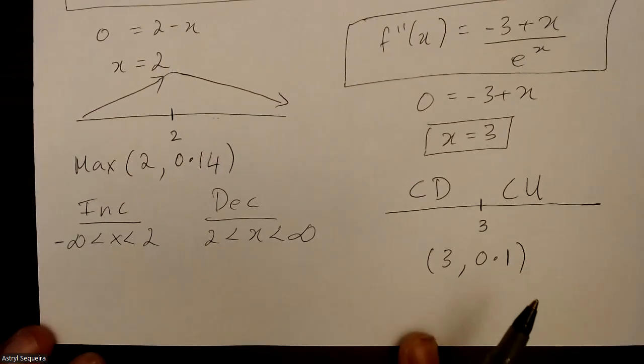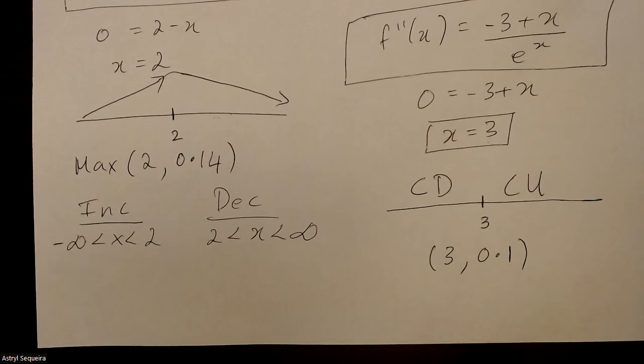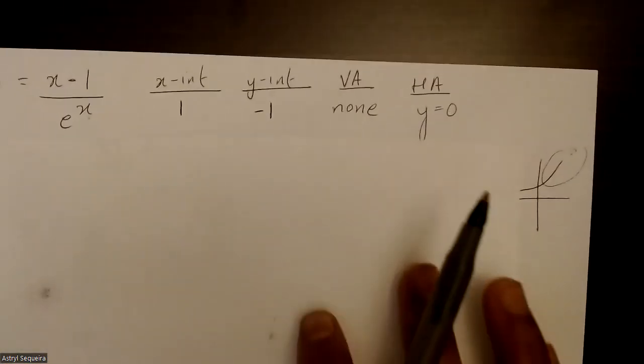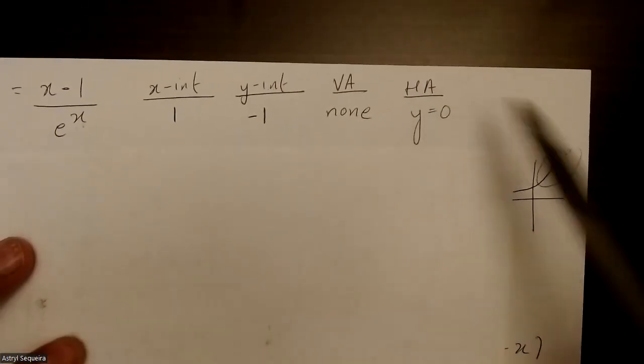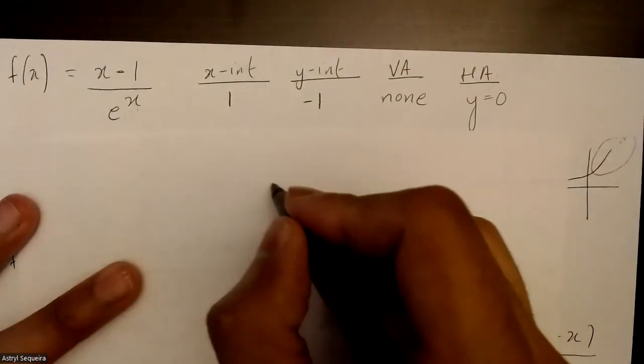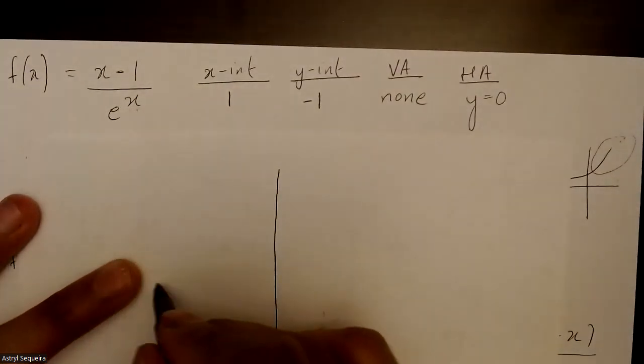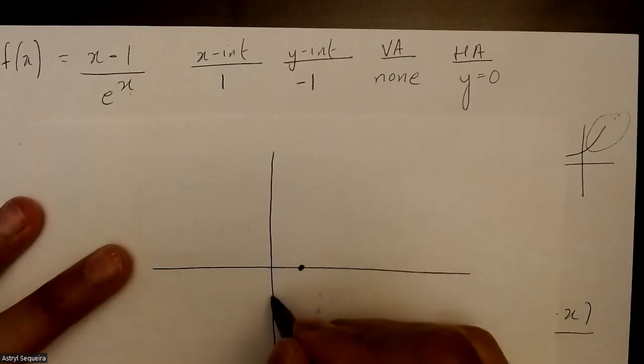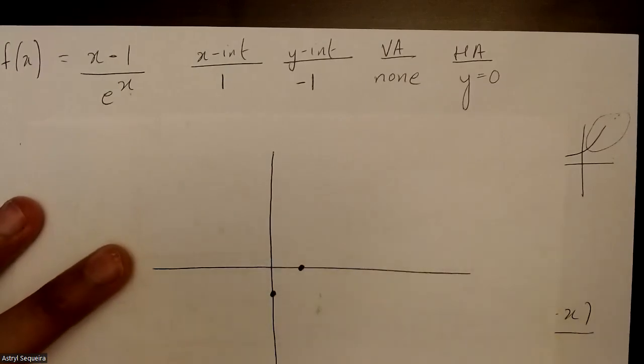So now I can sketch this out. So on my sketch, I'm going to start with all my points. Remember, I'm going to ignore the horizontal asymptote for now, and I'll just mark it at the end. But I know that my x-intercept is positive 1 and my y-intercept is negative 1.